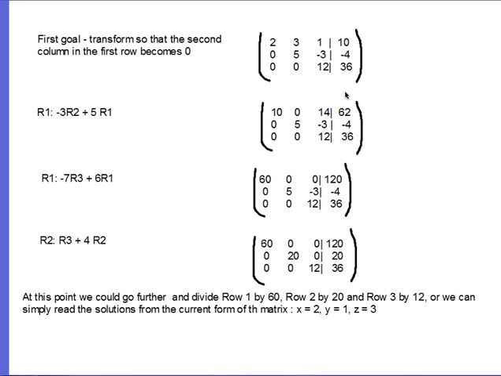I'm not going to go through the arithmetic of it, only because I'm doing this at home on my laptop, and to write numbers with the pointer is really painful.